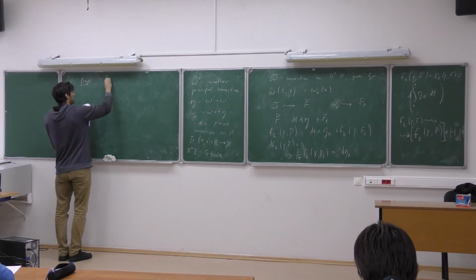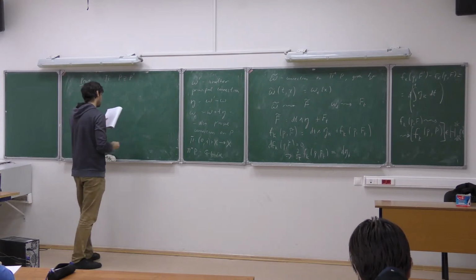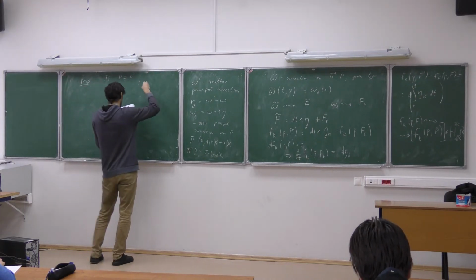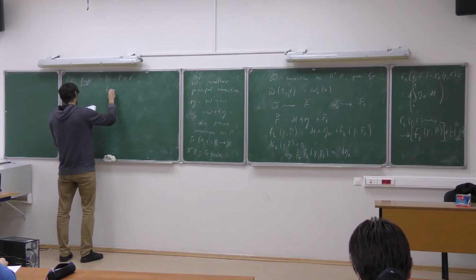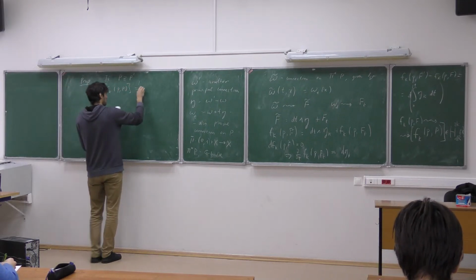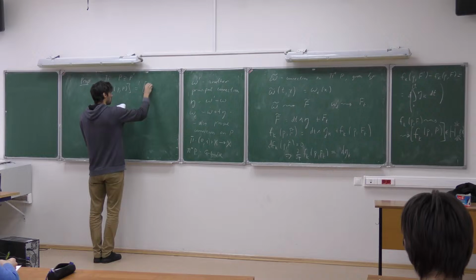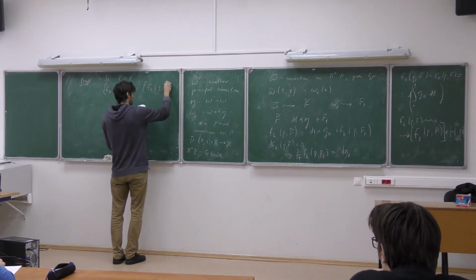If my P is isomorphic to some other P prime, both are G principal bundles on X, then Fk of rho P, this class, is just equal to Fk of rho P prime.